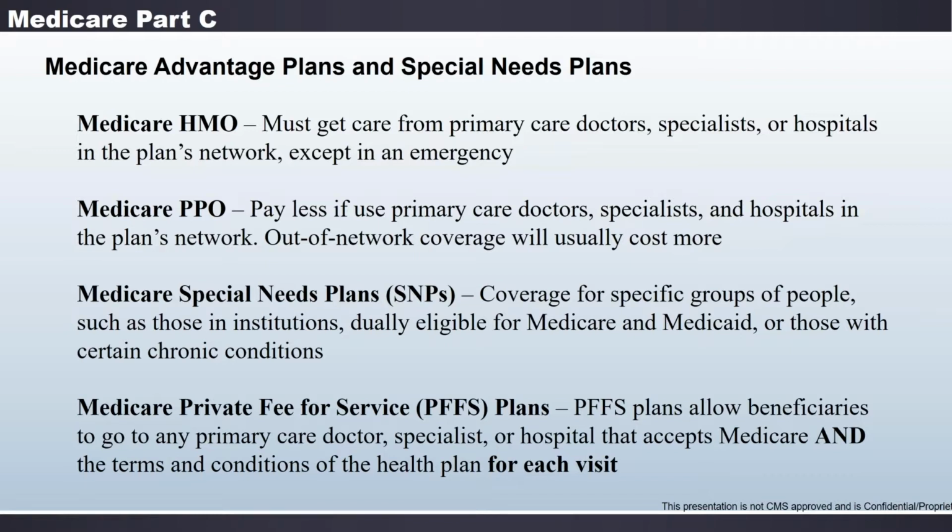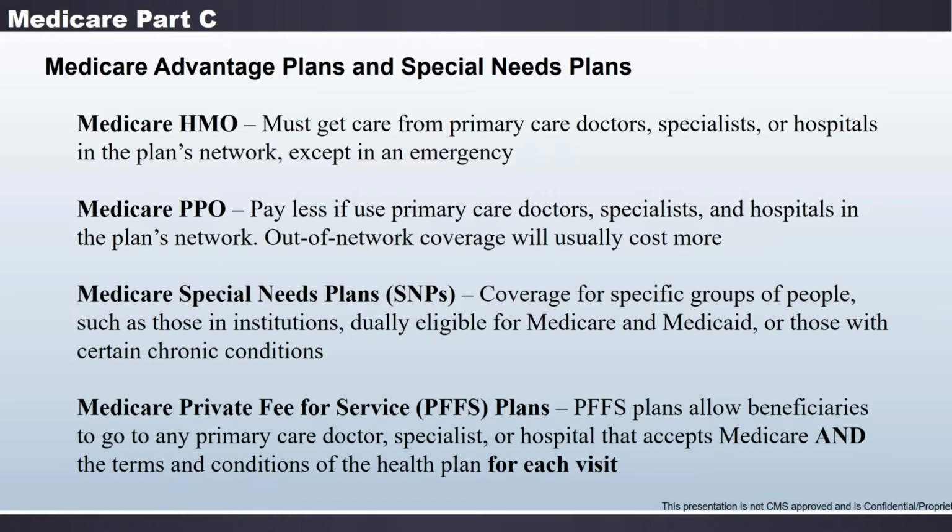Higher copays? They pay nothing in an HMO. So that's a key thing. Now, if you have an emergency or urgent care scenario, they'll cover that, just like under 65. But in Medicare, if you're in an HMO, you must do a couple of things. One is select your primary care doctor and see that doctor first before you see the specialist.